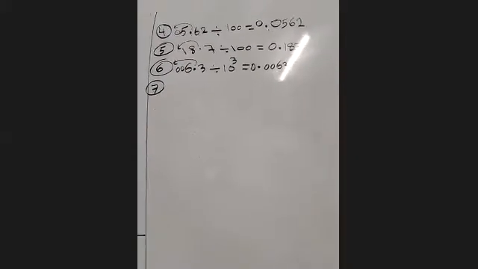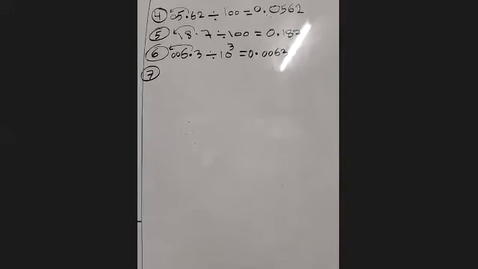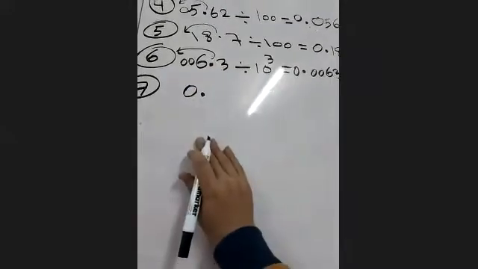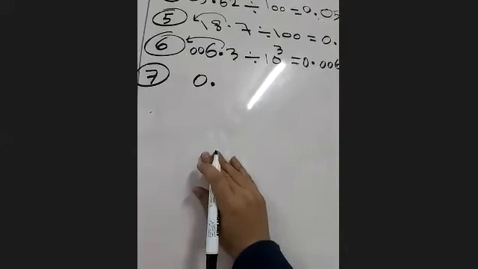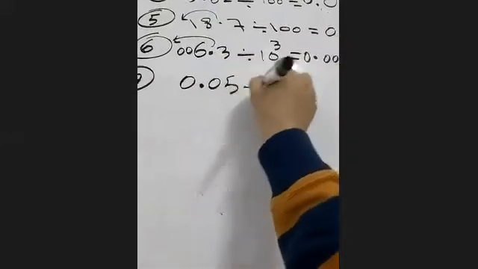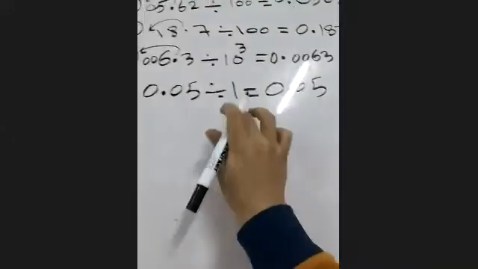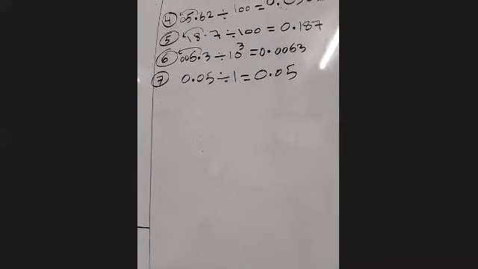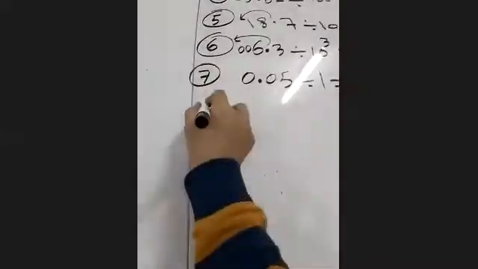Question 7, read. 0.05. We put the same number because it's divided by 1. It will be the same number because we divide by 1, right? Right, yes. Yalla, do for me question 8, Ahmed.